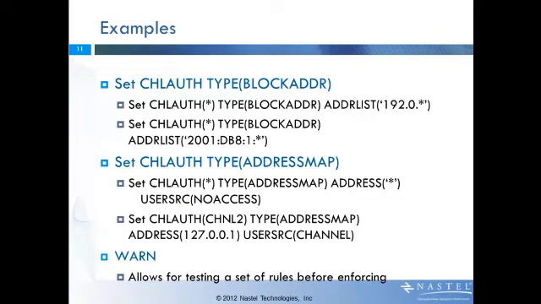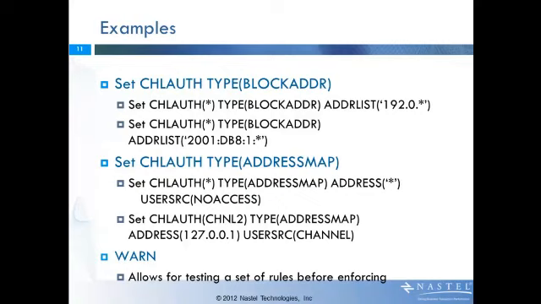So the bottom one is an example where I've said, well, okay, localhost 127.0.0.1 can connect to channel 2. That is allowed. However, we still said for the user SRC option that it's the channel definition that ultimately defines the privileges.